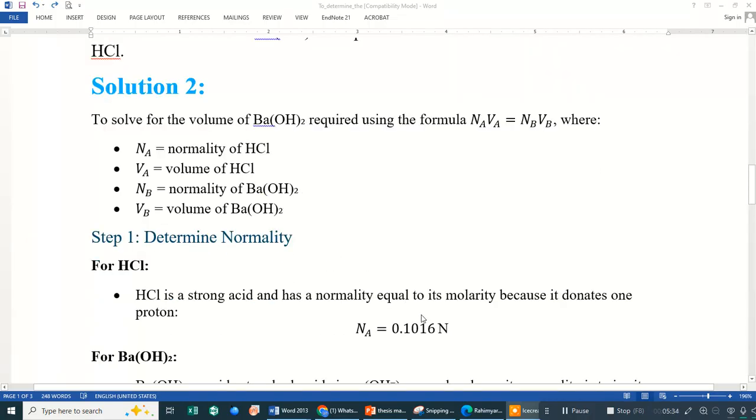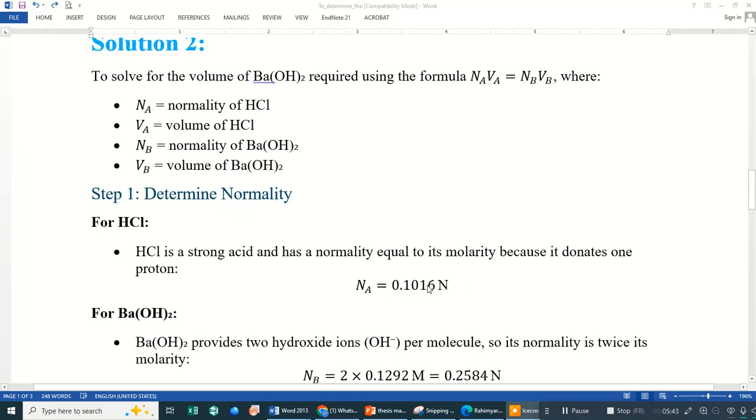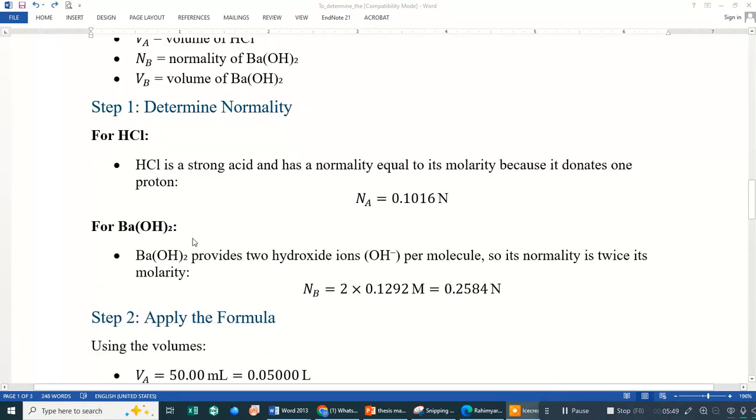We know that HCl is a monobasic acid. It donates one proton, so its molarity and normality are the same. But barium hydroxide provides two hydroxyl ions per molecule, so its molarity and normality are different.